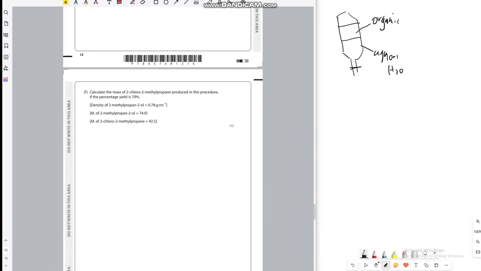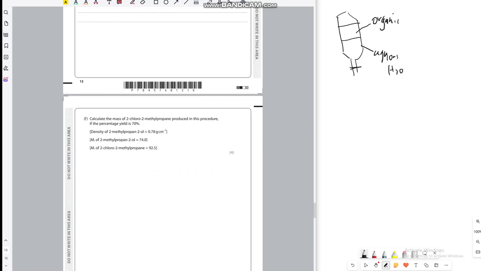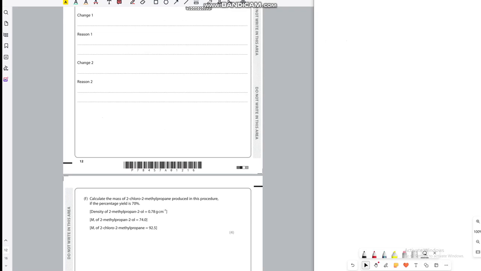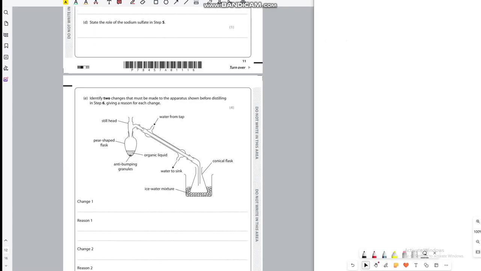Right. Calculate the mass of 2-chloro-2-methyl propane produced in this procedure if the percentage yield is 70%. Right. We'll try to do that part also. So I'll write the balanced equation before I start.